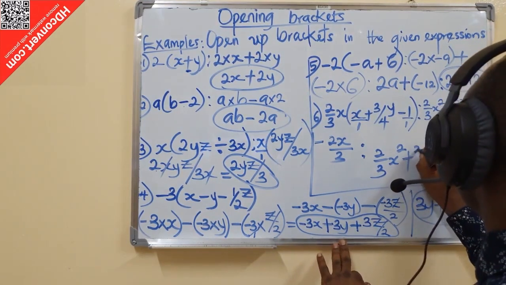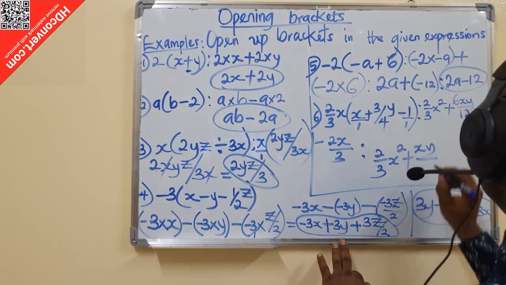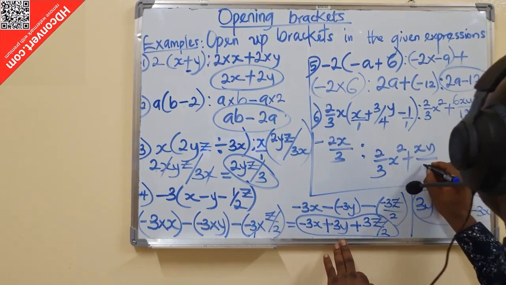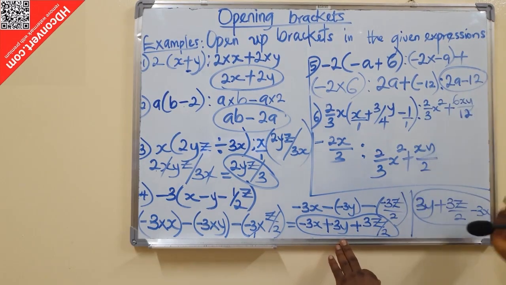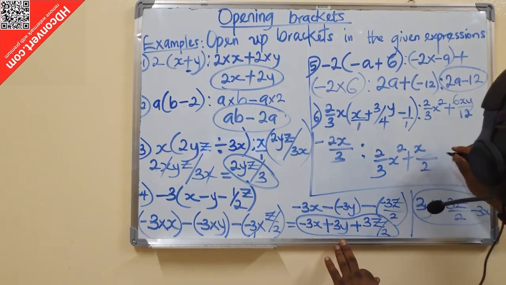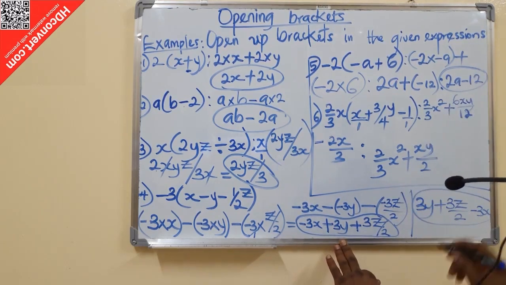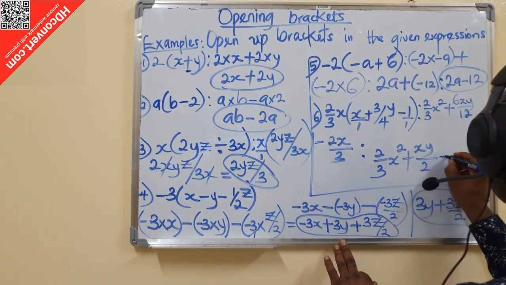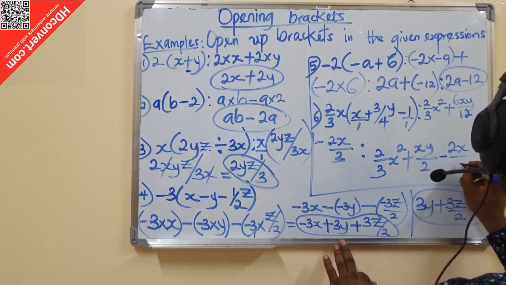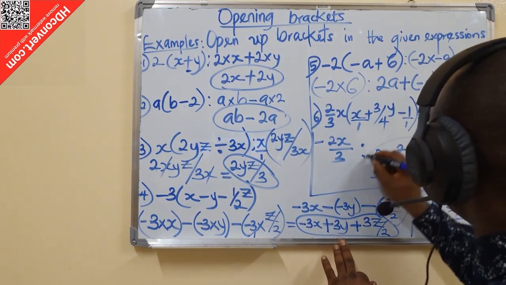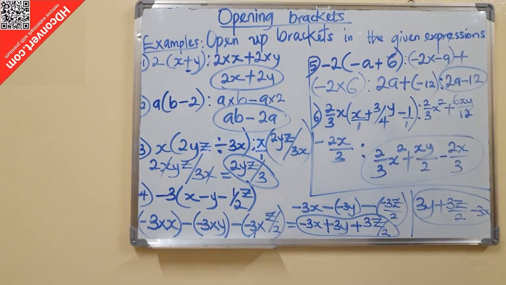So we have just xy remaining for the numerator upon 6 divided into 12 gives you 2. That is half of xy. Now minus 2x upon 3. This becomes our final answer for question 6.